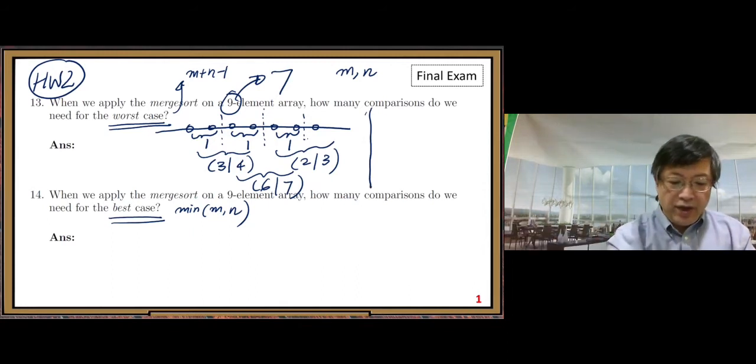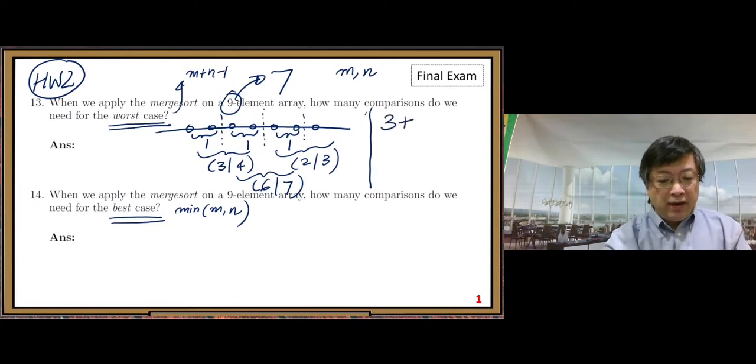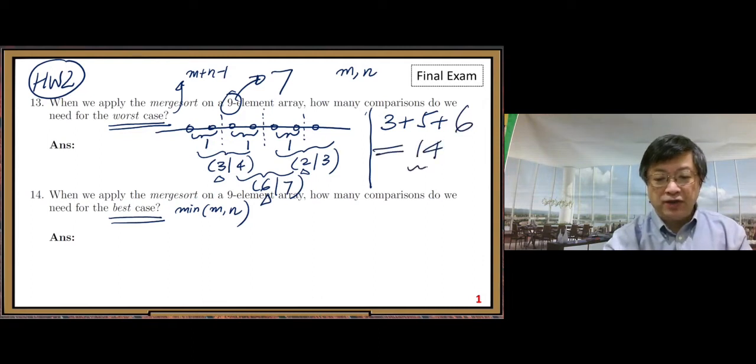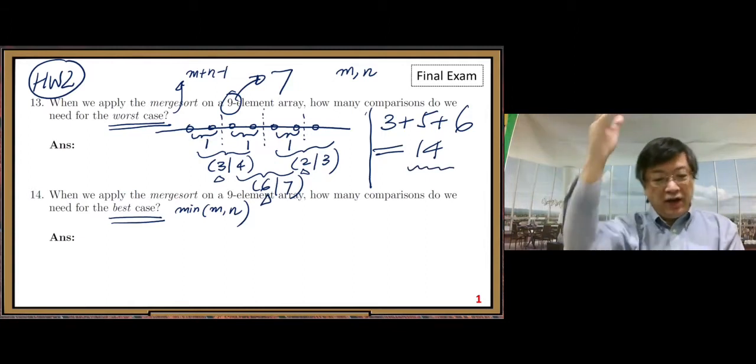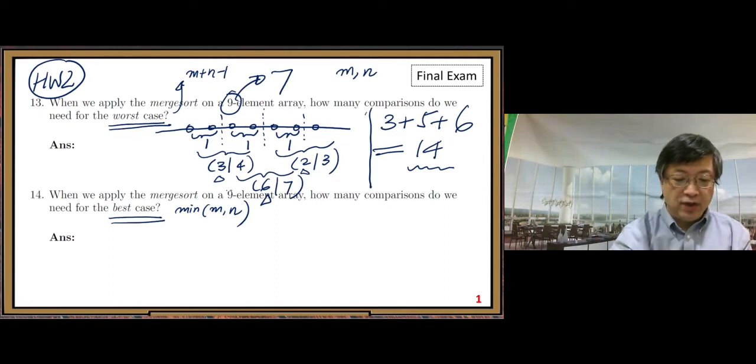The preparation step needs 3. Next round, 3 here and 2 there, so 5. The last round is 6, so plus 6. Then the total is 14. This is the answer to the homework question, with 7, not 9.